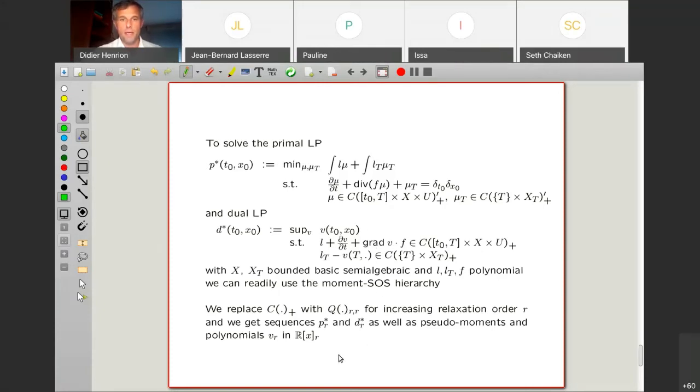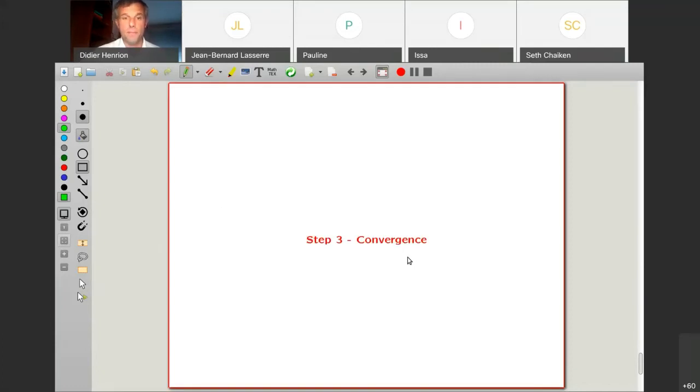Hence, I'm wondering whether these sequences obtained for increasing relaxation order converge to the right values, and also what I can learn from the polynomials that I obtain in the dual when solving the sum of squares problem.